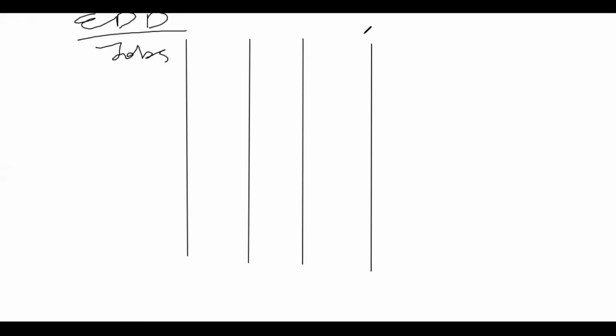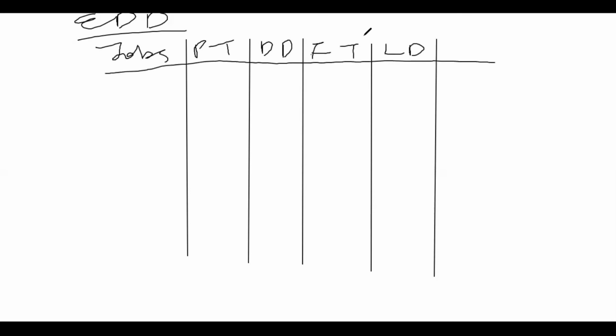I'm not going to solve it from the formula part, I'm just going to show you the rearrangement. You would have jobs, processing time, due date. You would also have, these are the parts we're adding ourselves, our flow time and our late days. Then what you would do is arrange this based on the earliest due dates.